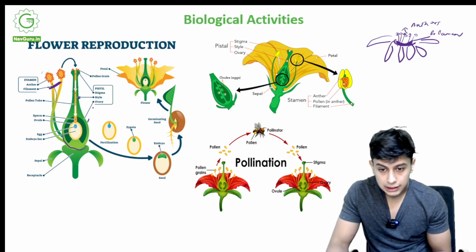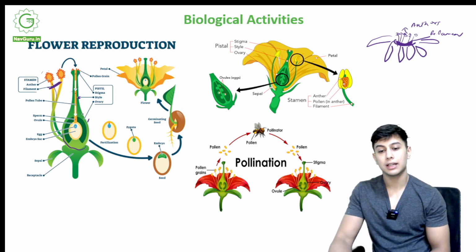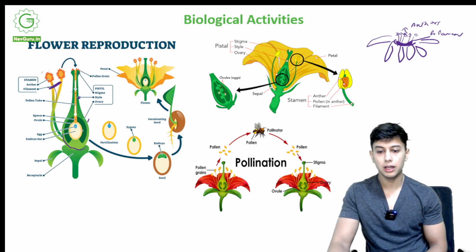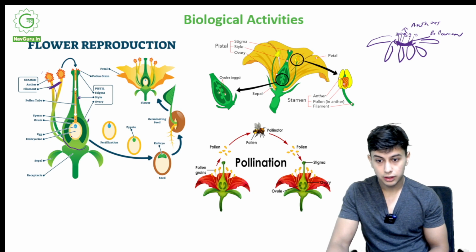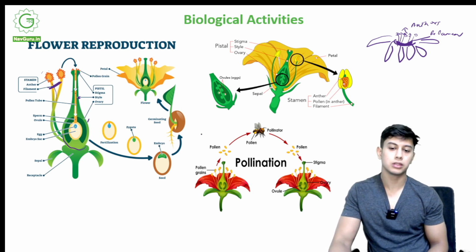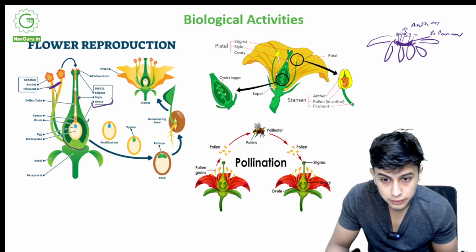Okay, in this ovary lies the egg. Okay, the egg, that is inside the female reproductive part of the flower, that is, it contains the egg. Okay, and egg is inside the ovary. All right, and so let me show you in detail. Consider this.